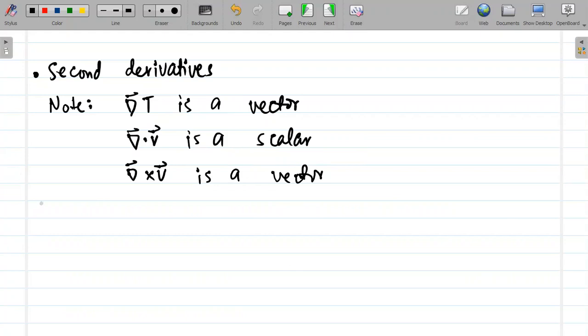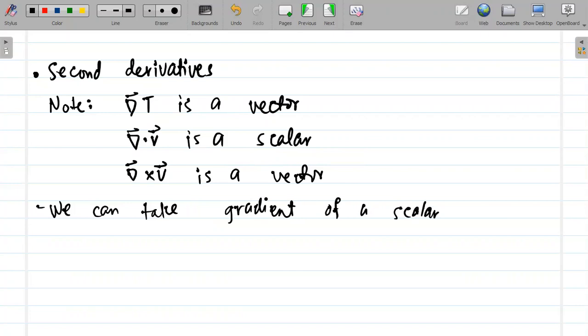Pero class, we can take number 1, gradient of a scalar, resulting to a vector, and we can also take the divergence of a vector. Tapos, we can take the curl of a vector.